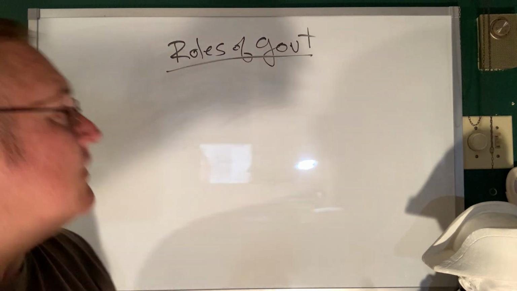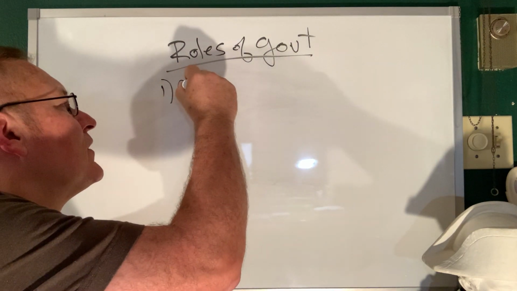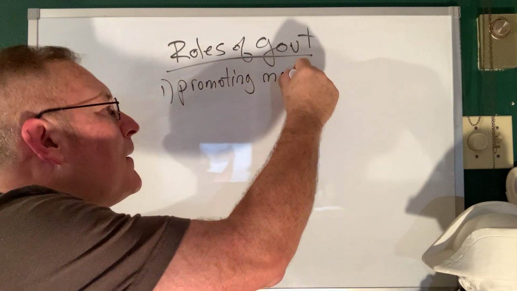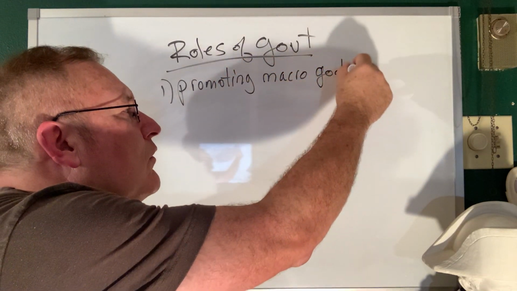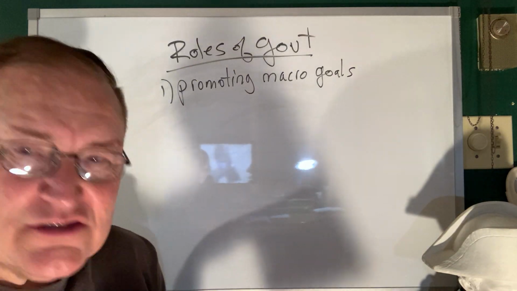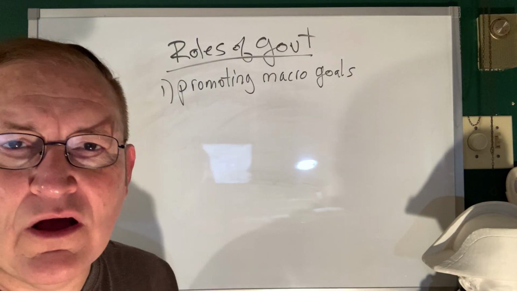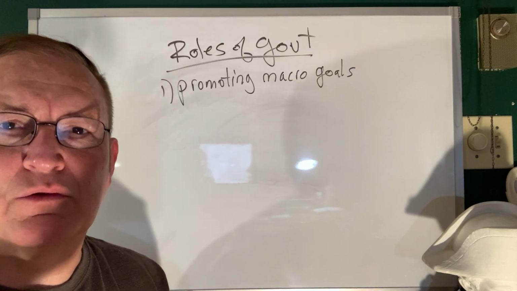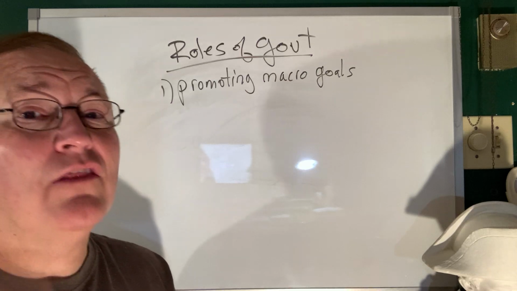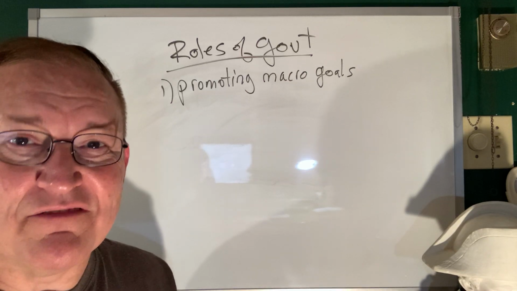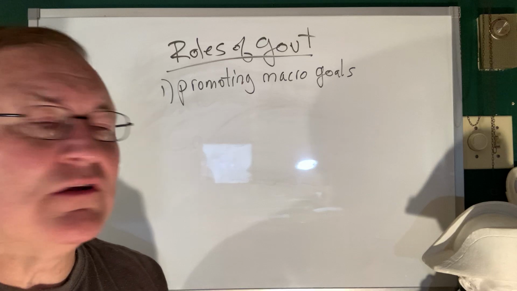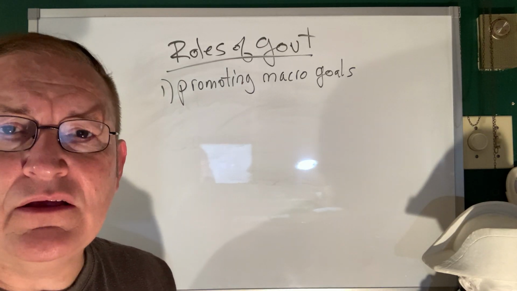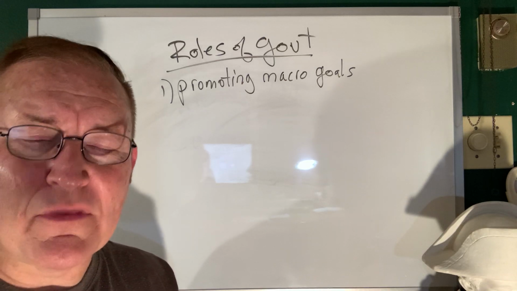So the first is promoting macro goals. Now, this series of videos is microeconomics, so we're focusing our attention on the decisions of households and firms. But if you look at the other series of videos in terms of macro, you'll quickly learn that the 3 macro goals of every economic system are price stability, full employment, and economic growth, right?